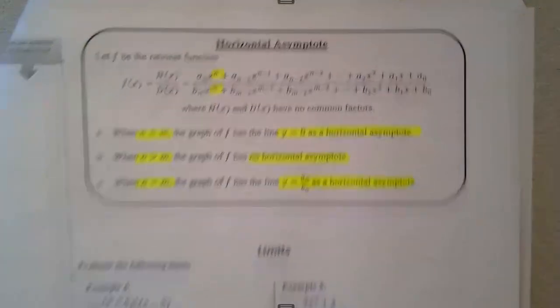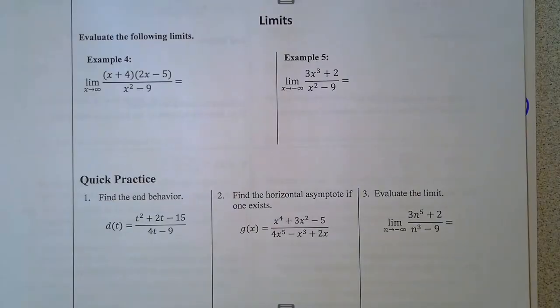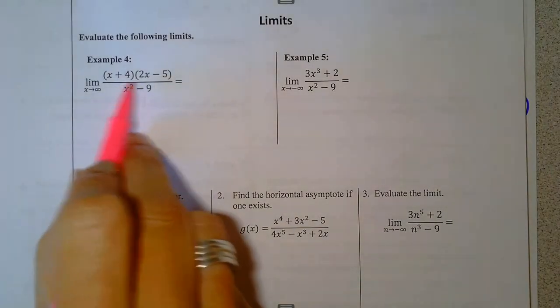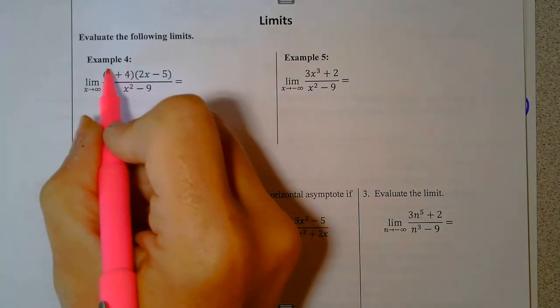Okay, so example 4, can you do this? You have to tell me what is the limit. They've already written the limit notation. And instead of an f of x, they just plopped the equation in there. Does anybody know what it would be? Perfect.